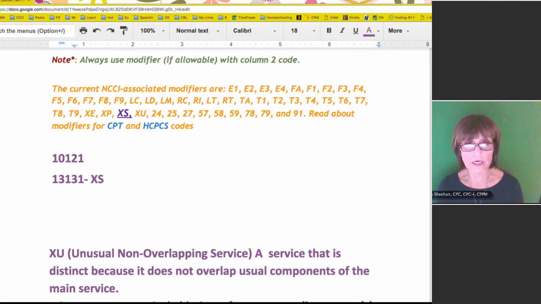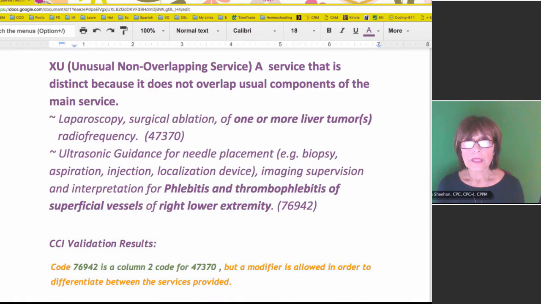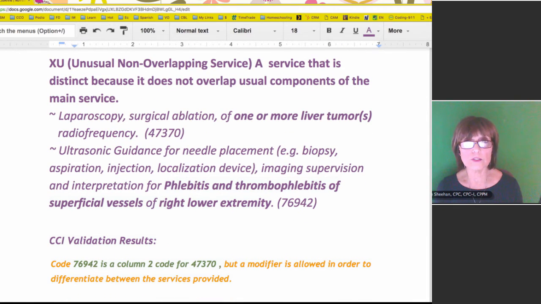The XU, the unusual non-overlapping service, is a service that is distinct because it does not overlap usual components of the main service. I'll tell you, I've seen so many examples and none of them make sense to me, so I used this one. Laparoscopy, surgical ablation of one or more liver tumors, radiofrequency, and then ultrasonic guidance for needle placement.